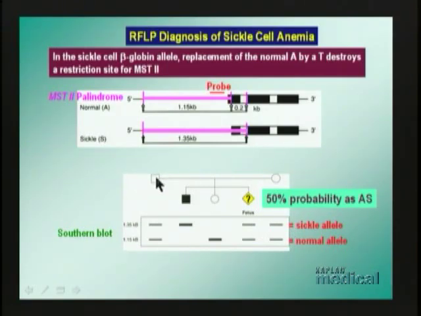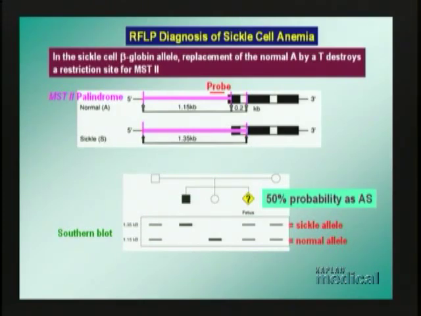So if this father's DNA is taken and then you add MST2, notice there are 2 bands that appear. One band that appears of 1.15 kb in size, saying that at least one of his chromosomes has a normal beta globin gene. And in addition, another fragment is seen of 1.35 kb in size, saying his other chromosome has a sickle beta globin gene.